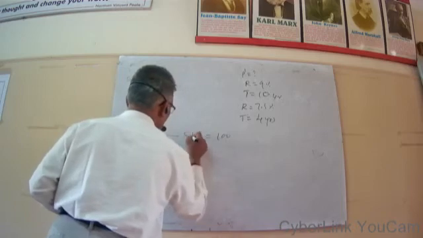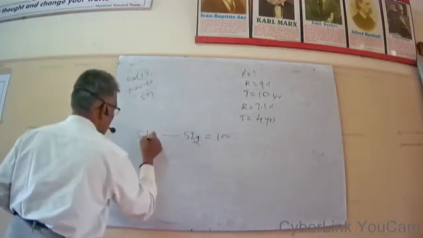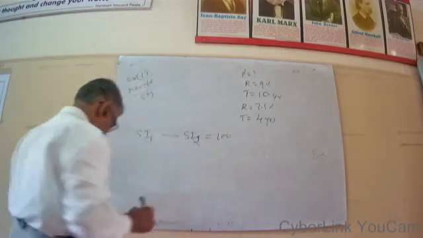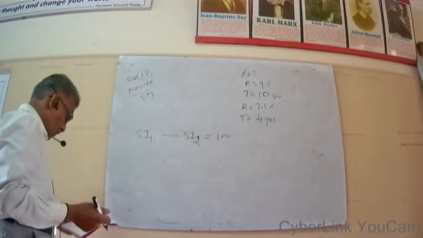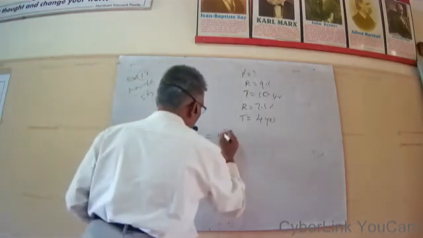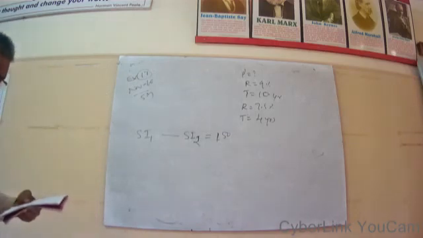Simple interest. So SI1 minus SI2 or SI2 minus SI1, take whichever, equal to 150. Find the sum, that's all.